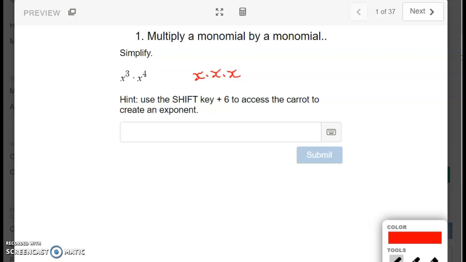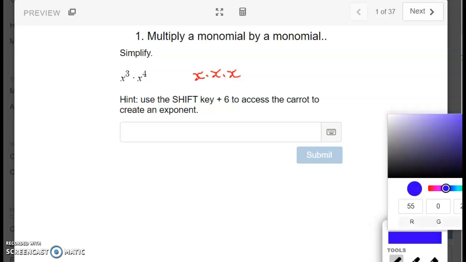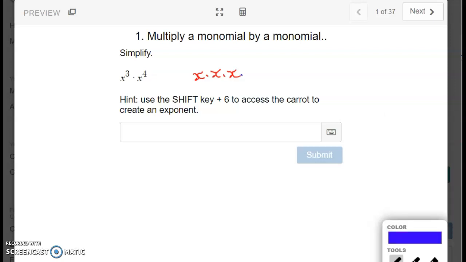And then to that, you are multiplying x times x times x times x, which means that x is being multiplied to itself 7 times. So this simplifies to x to the power of 7.